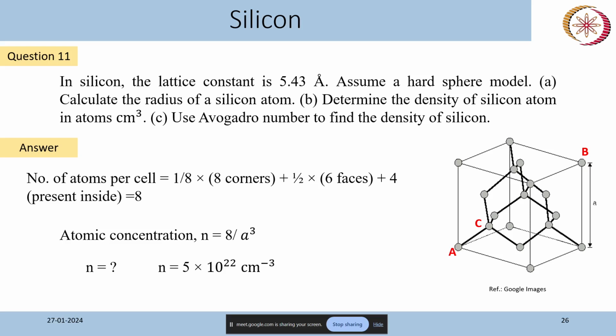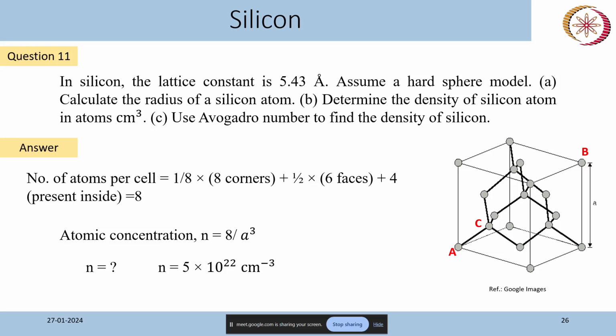No. Why I'm giving you this question: we have already discussed it for the BCC crystal, but this is particularly for silicon, and these values you can always check in a textbook or search on the internet. But you should remember this: the lattice constant for silicon is 5.43 angstrom, and density is around 2.3 gram per centimeter cube.